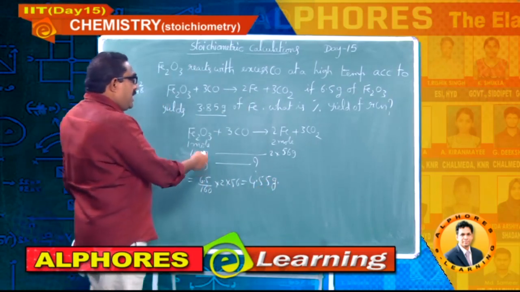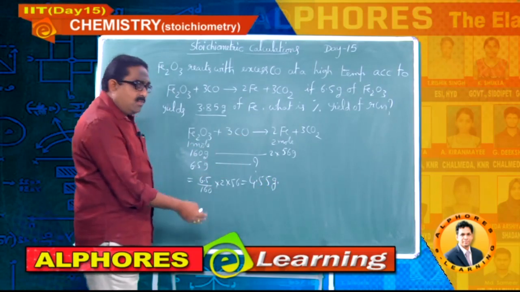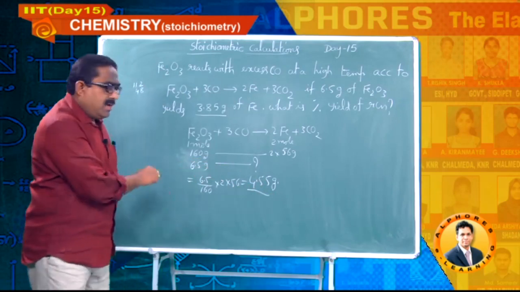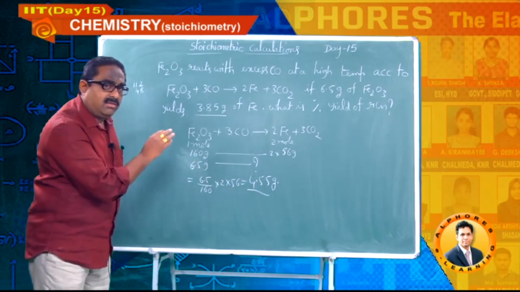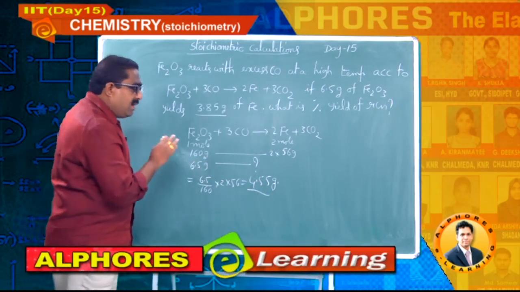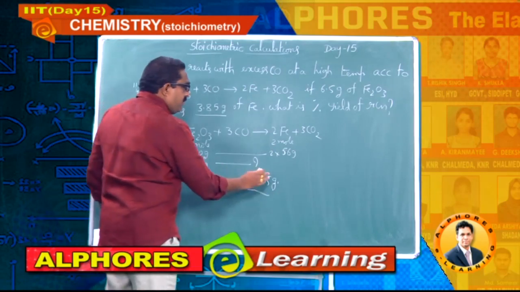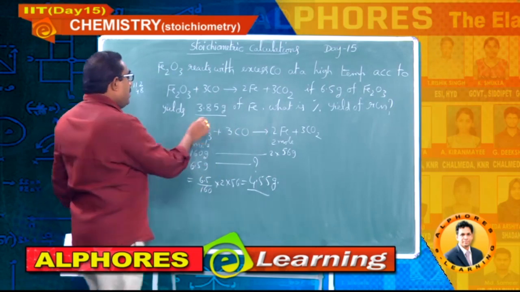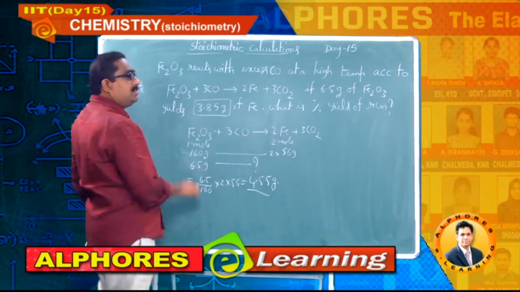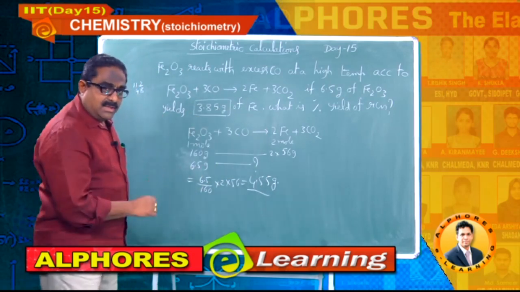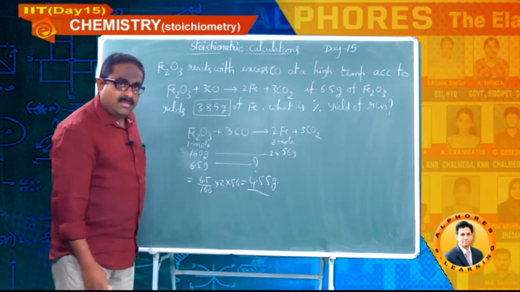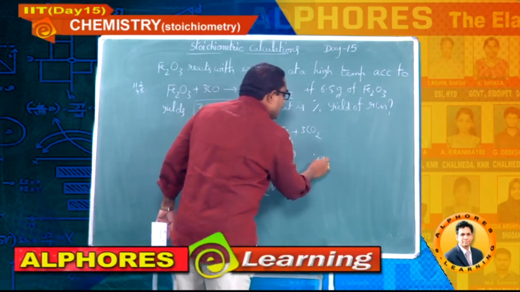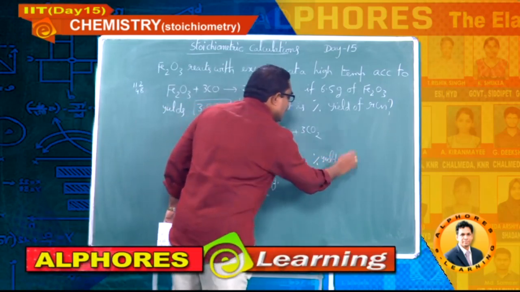As per the balanced chemical equation, we can estimate theoretically, by doing calculations based on stoichiometry concepts, that 4.55 grams of iron have to be obtained. But how much iron was actually obtained in his process? Only 3.85 grams, because of the practical losses. Now you can go for the percentage yield calculation.